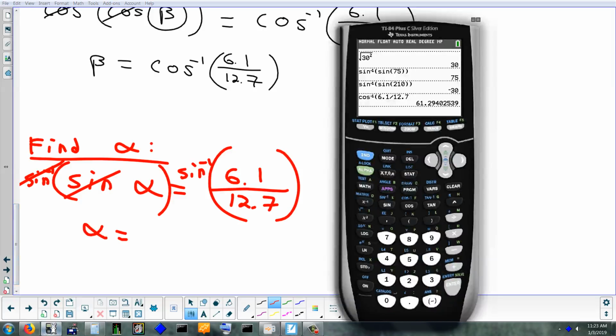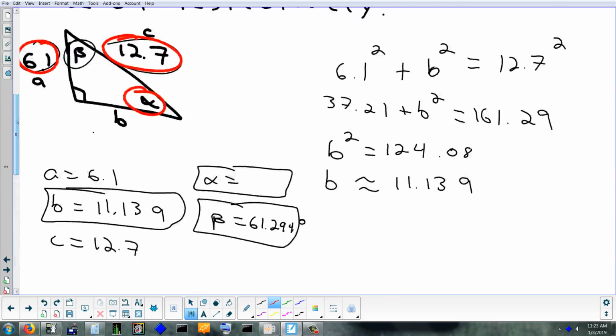So let's see what we got. Inverse sine of, and it's actually the same fraction, 6.1 over 12.7. Okay, so we get 28.706. Now, a quick thing we could do to double check is add those up.